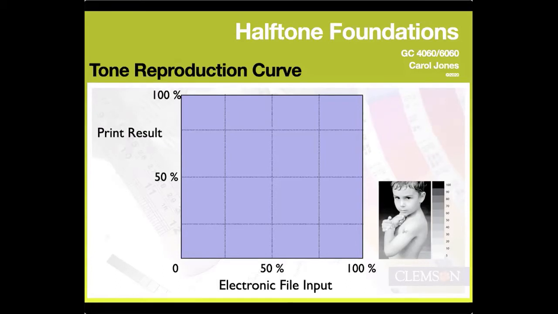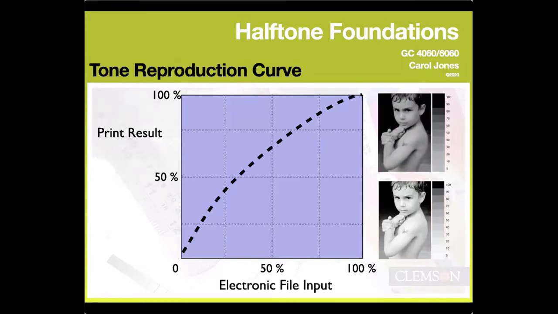So in our electronic file input, we have these tones from the original coming into the file and then ending up on our plate, okay? And then we go into that and then print it, okay? And we get something like this. What exactly is happening? Well, we get a tone curve where, say, that 50% dot we put in, we may have thought it was only going to gain to say 65%.